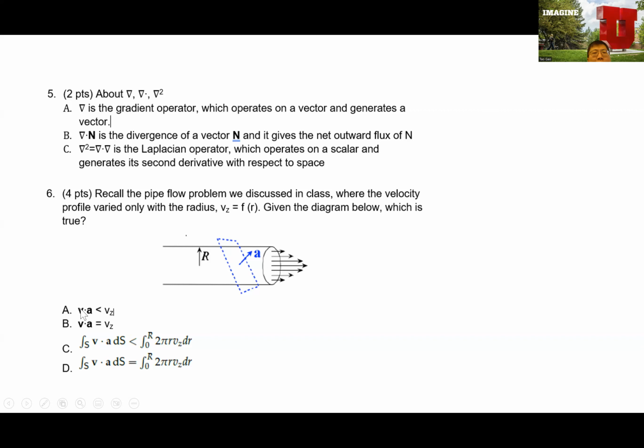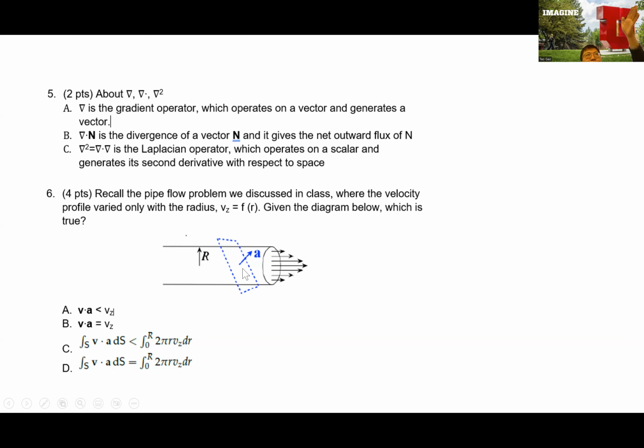Physically, this tells you the projection of the V vector onto the direction of the A vector. And it's smaller than Vz, the z-direction velocity. So A is correct, and B is incorrect, right?